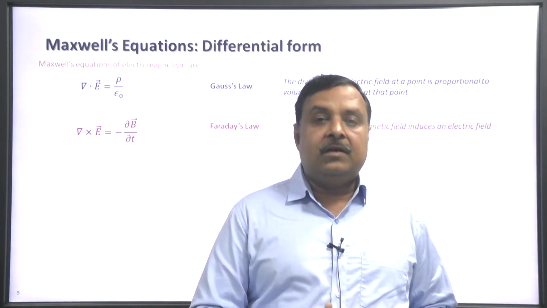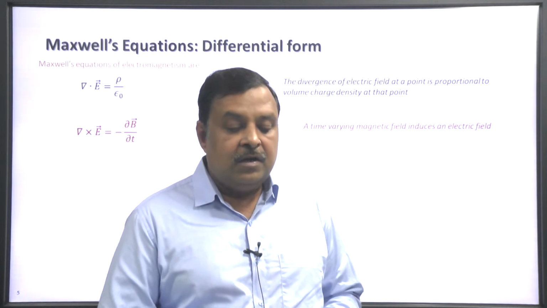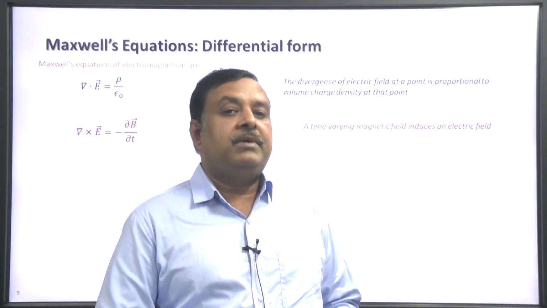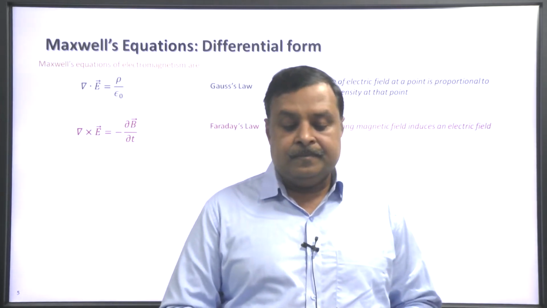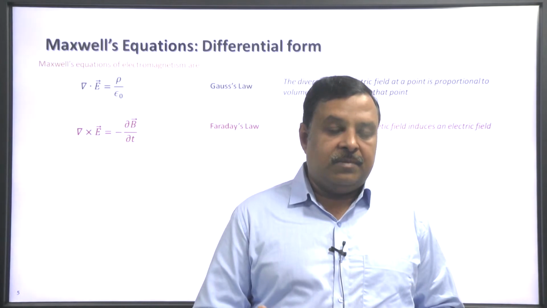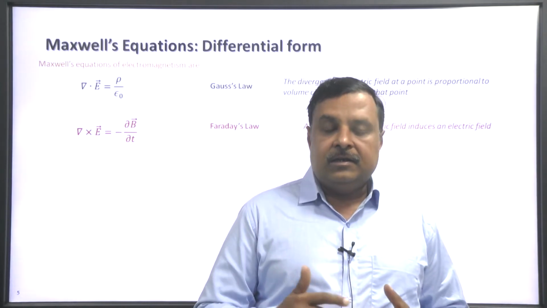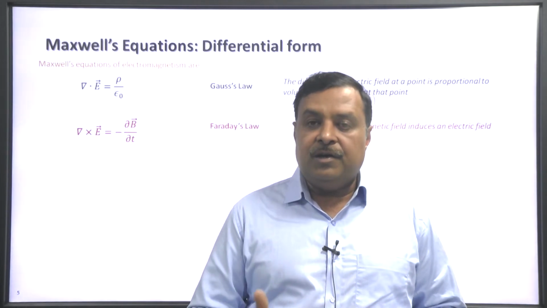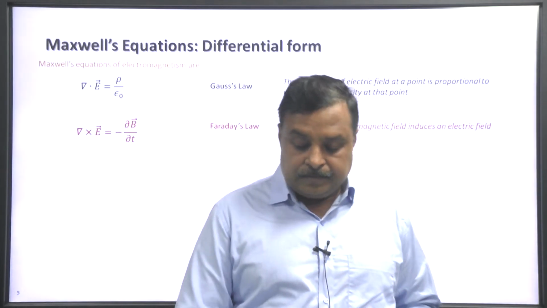E is electric field, B is magnetic field, rho is volume density of charge, epsilon 0 is permittivity of free space. This shows that a time varying magnetic field induces an electric field.